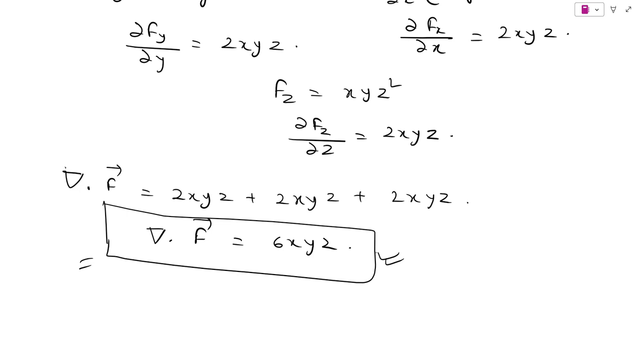In hydrology, divergence tells us whether the groundwater is accumulating or leaving a region. And next is the magnetic field. An interesting fact is that the divergence of the magnetic field is always zero. So that means magnetic monopoles do not exist in nature. This is one of Maxwell's equations, and geophysicists use this concept extensively in magnetic surveys.